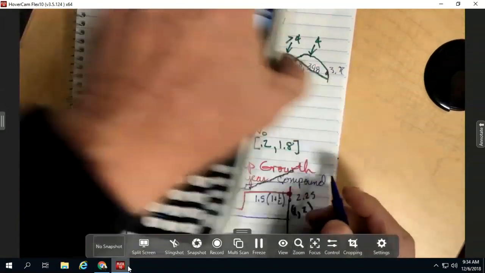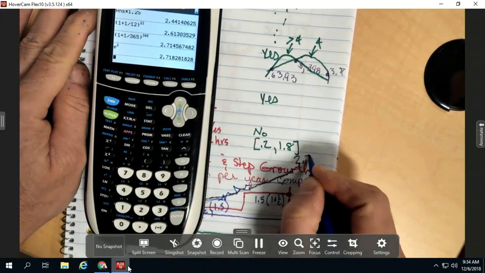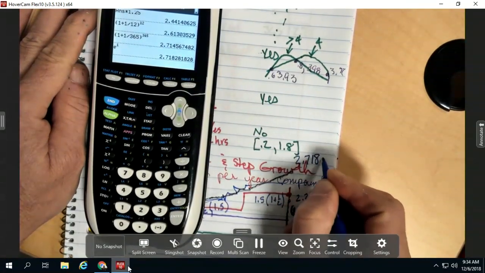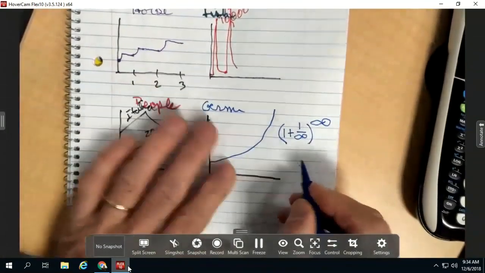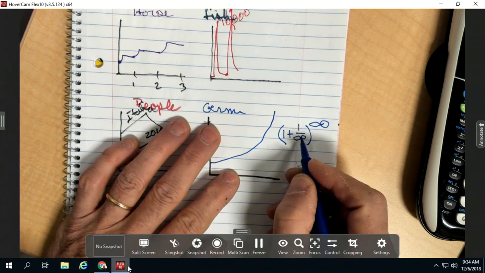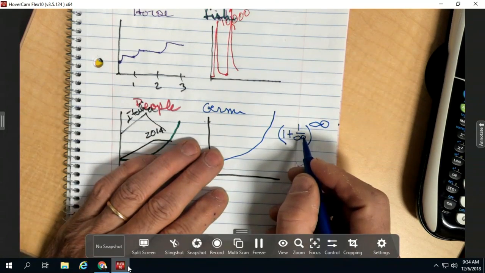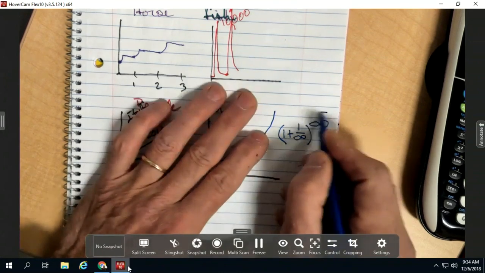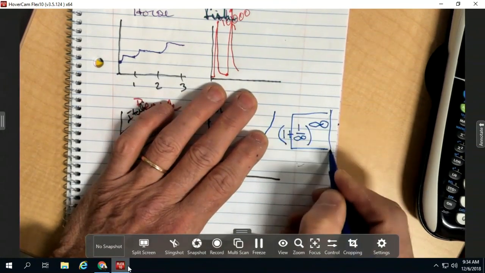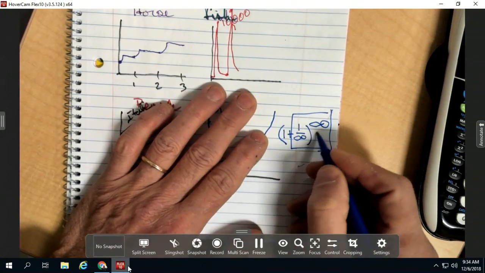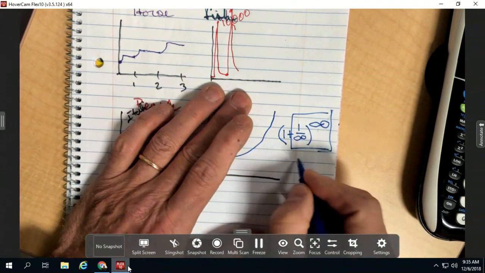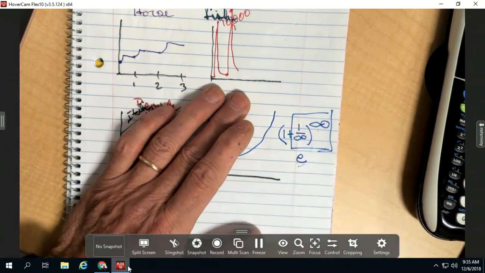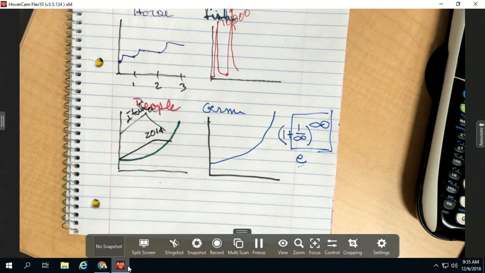We end up at 2.71828. So what we're saying is, for these germs, which reproduce an infinite number of times per year, you would have to take that to the infinite power. This part right here, where you have two things like that, ends up being the number E.